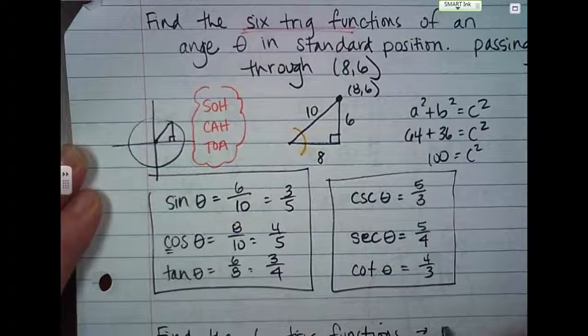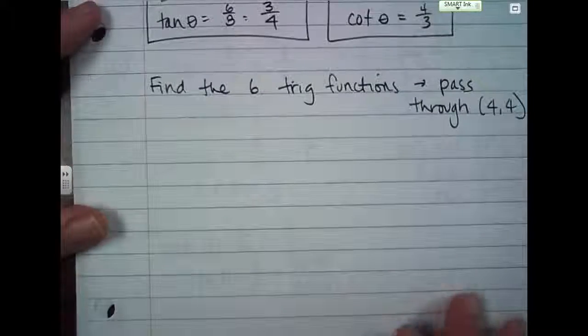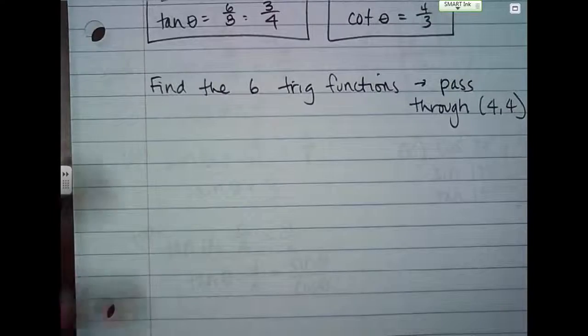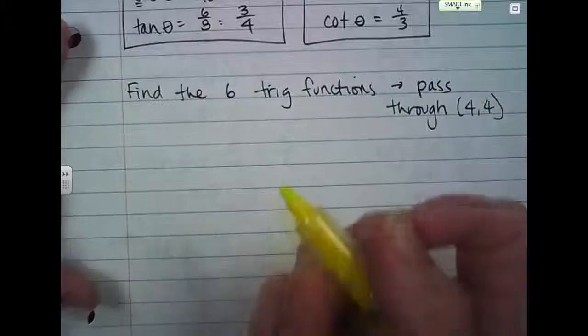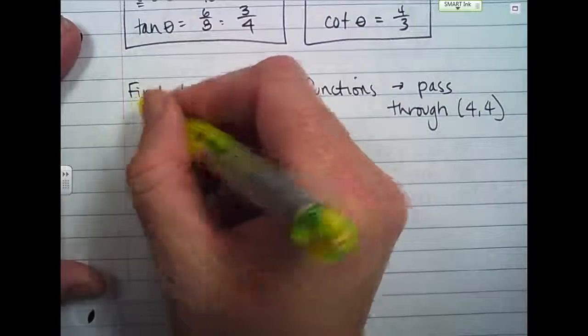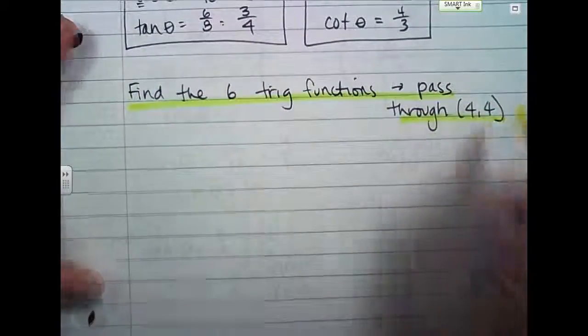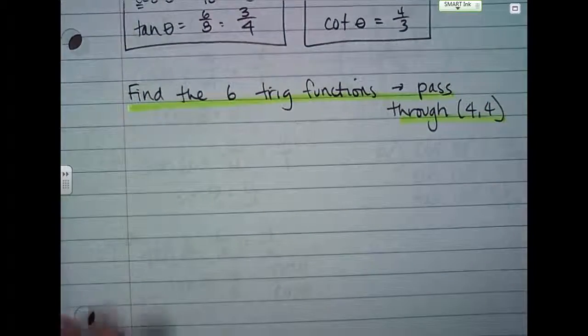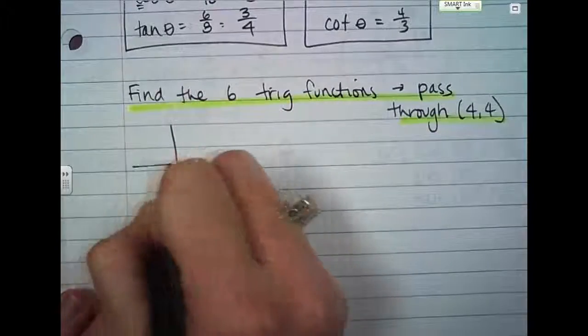Okay, this time you're going to pass through a point, passing through 4, 4. I'm sorry, guys. So find the 6 trig functions, but this time you're going to pass through 4, 4. Right?